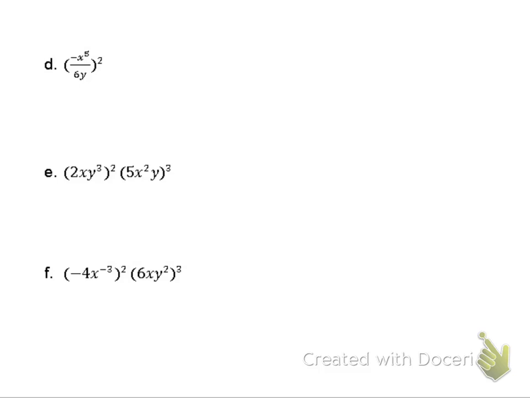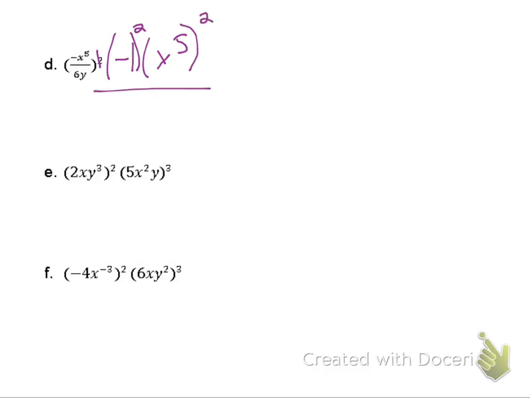Same thing, we're going to separate the numerator and the denominator and distribute the squared that's on the outside here. So we have negative x to the 5th power. I'm actually going to separate this to be negative 1 squared and x to the 5th power squared.